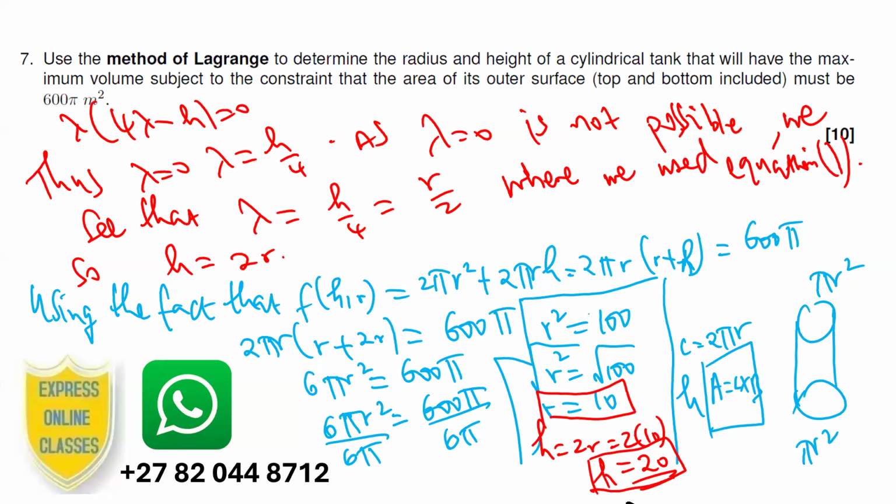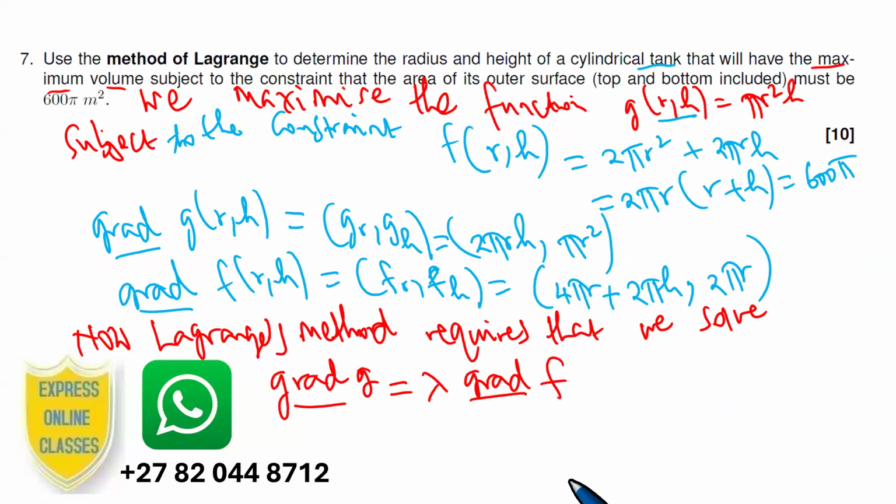This obviously is what the method of Lagrange entails in detail. Any question, any input, any thought? We have taken basically 3 boards to do this. We started by converting the words into mathematical equations, and we were successful.